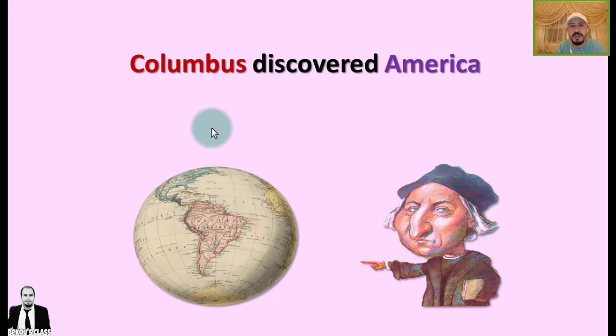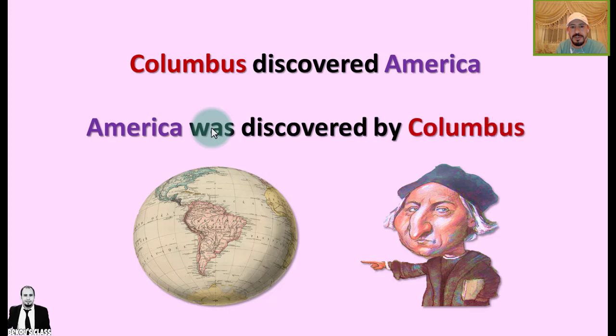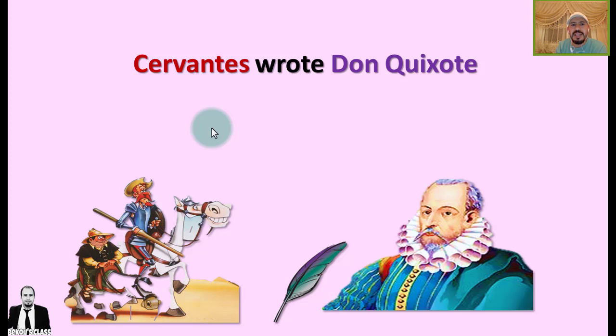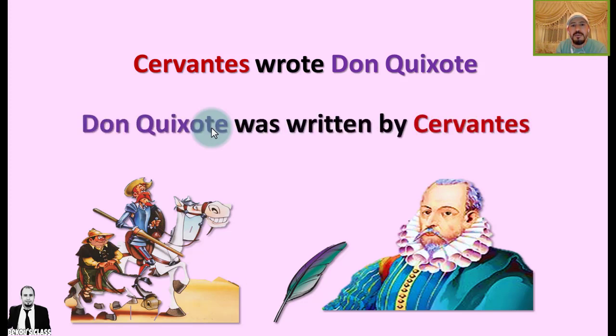So it becomes America was discovered by Columbus. Cervantes wrote Don Quixote, right? So as you notice, all the verbs here in these examples are put in the simple past so that you can understand how I make it easy for you to understand the formula, how to change from active to the passive. So we start with Don Quixote was written by Cervantes.